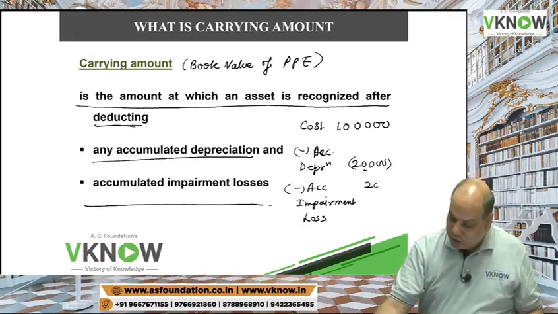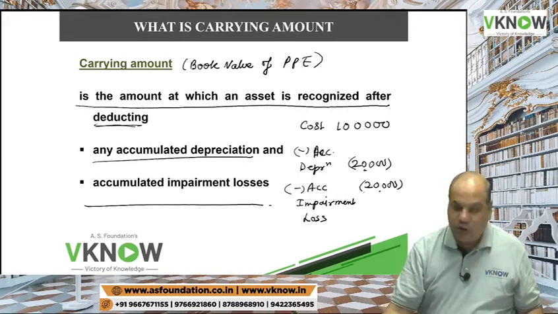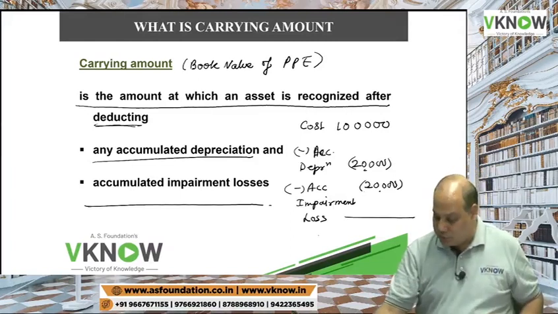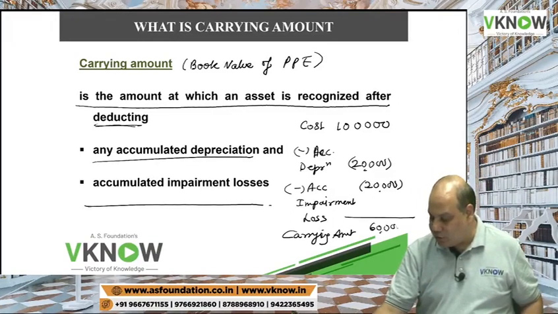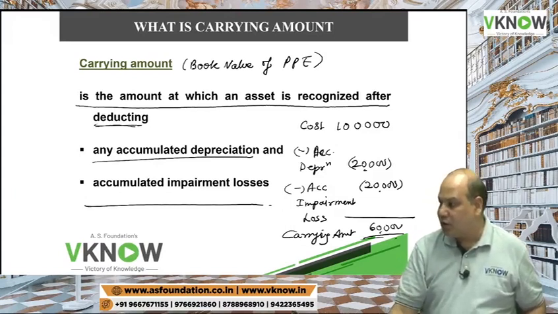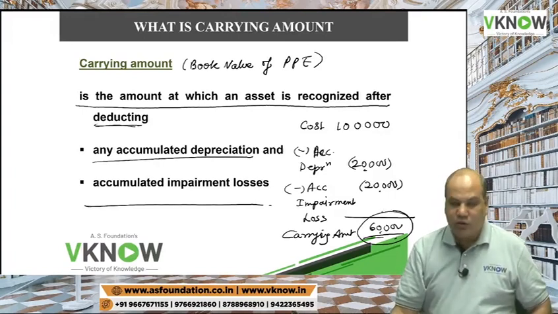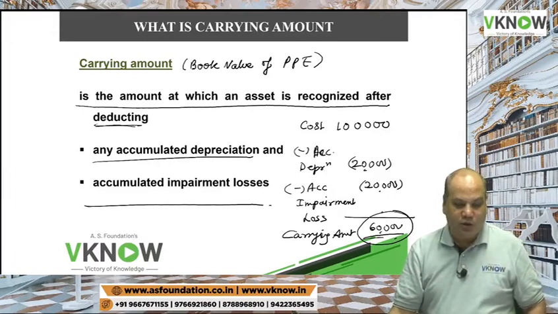Let us assume the accumulated impairment loss is 20,000. Therefore, carrying amount is 60,000. This is how the carrying amount is calculated.